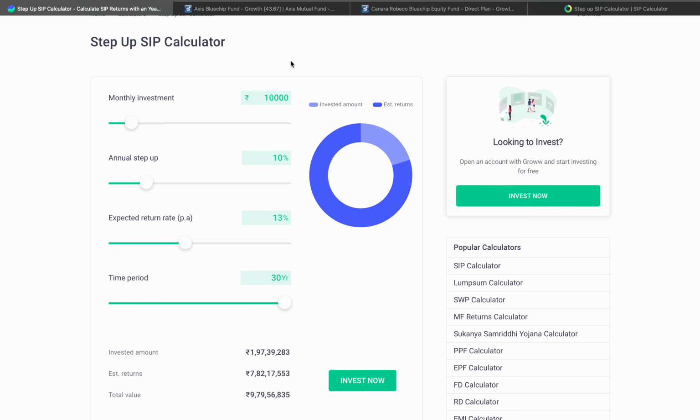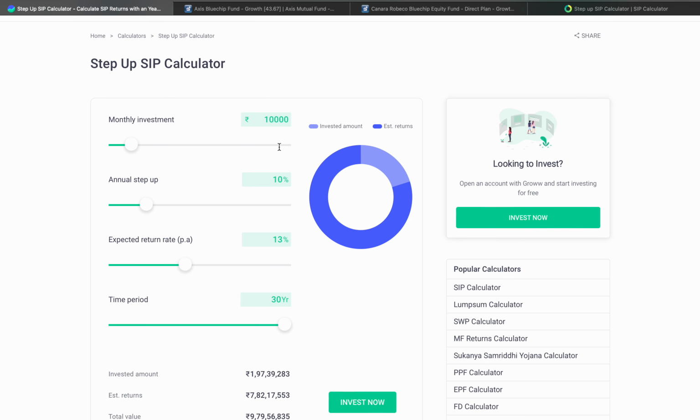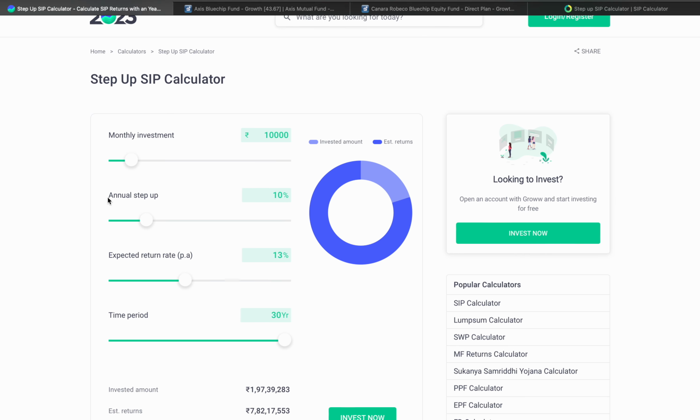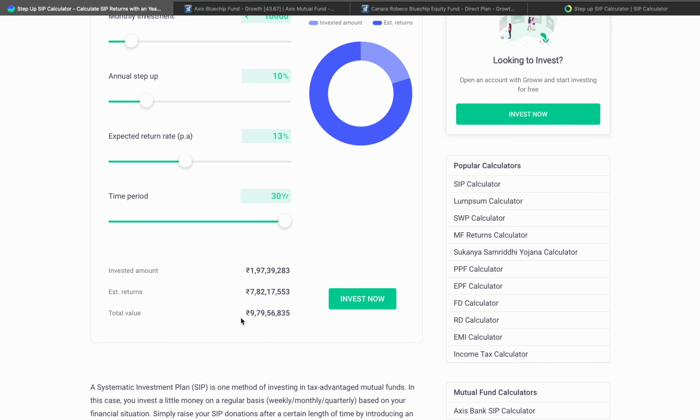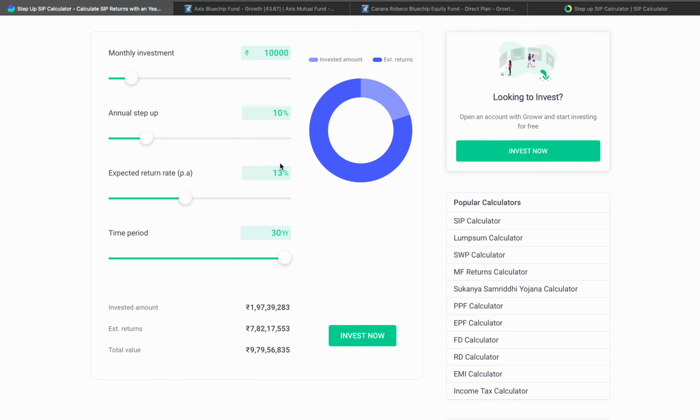For the whole of 2023, we will be investing 10,000 every month, and starting from 2024, we'll be increasing it to 11,000. Let's see what difference this particular step up will make to our end corpus. It's 9.79 or 9.8 crores. So that's almost double the returns that we would get without the annual step up.